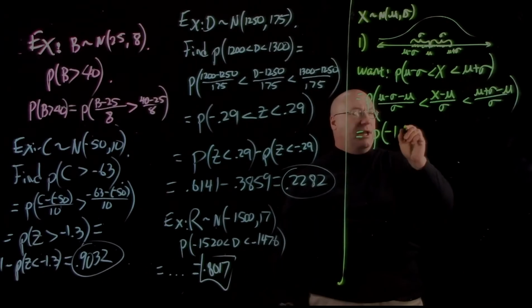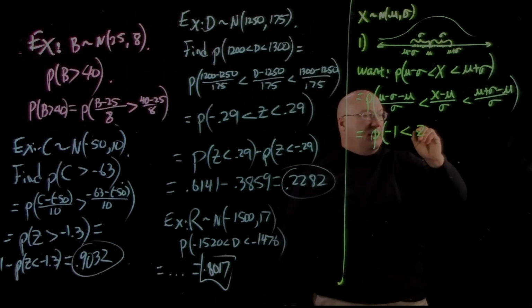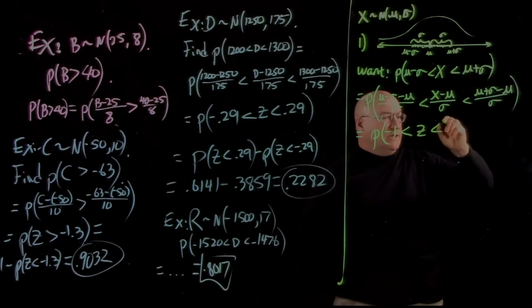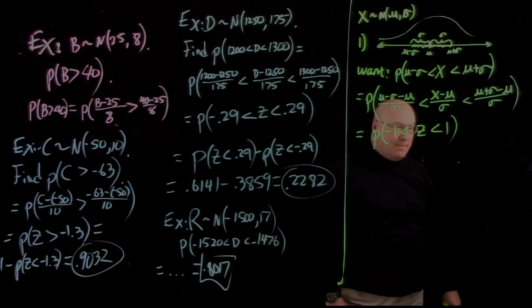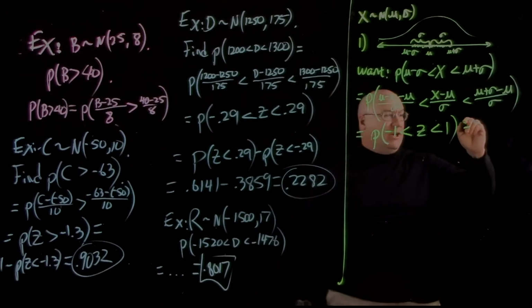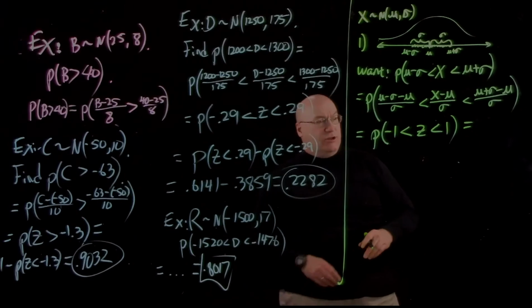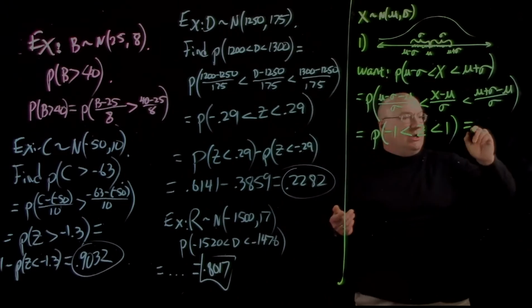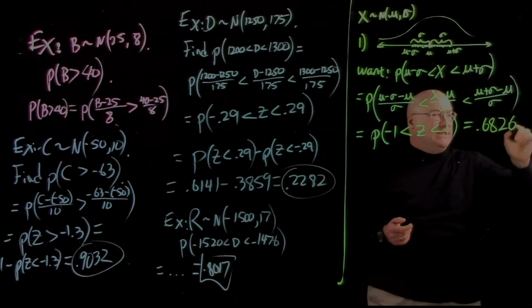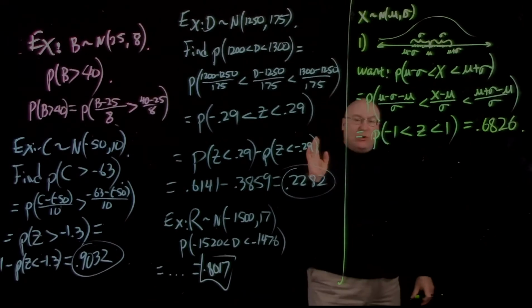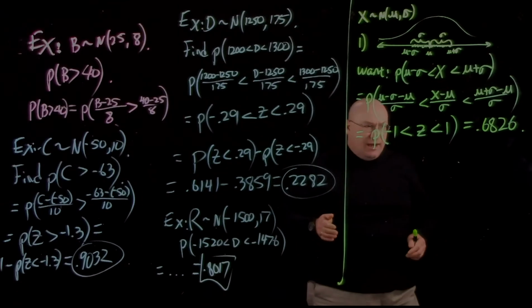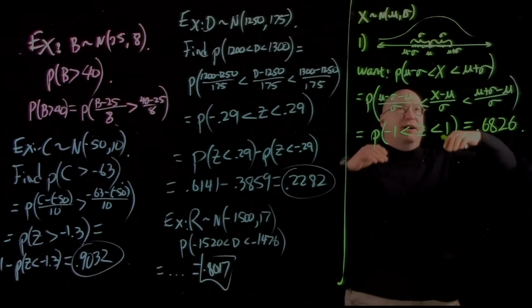I get negative 1 less than Z, less than, mu minus mu goes away, sigma over sigma, I just get 1. I'm going to leave you to figure out what that is. I've got to do the probability Z less than 1 minus the probability Z is less than negative 1, but you should get 0.6826.